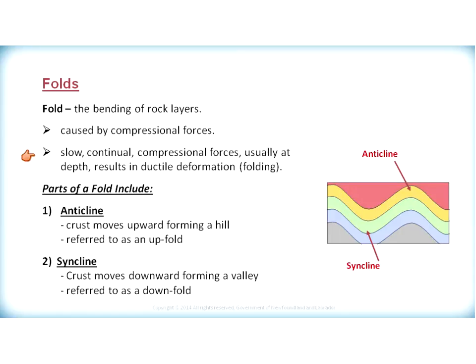A fold generally has two parts. One part is called the anticline. That's where the crust moves upwards, forming a hill, and this is referred to as an upfold. The second part of a fold is called a syncline. A syncline forms when the crust moves downward, forming a valley, and we generally refer to this as a downfold.